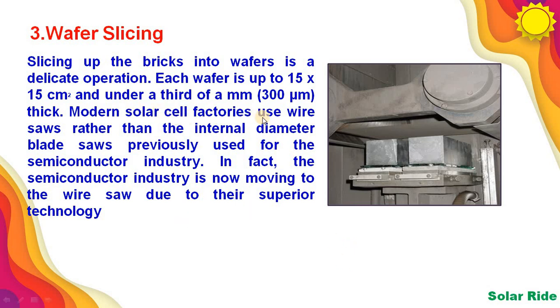Modern solar cell factories use wire saws rather than the internal diameter blade. Here, using an internal diameter blade, we cut bricks into wafers. Nowadays solar manufacturing companies use a thickness of 200 microns plus or minus 20 tolerance for the solar cell.